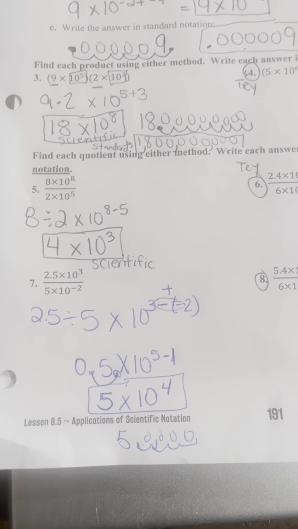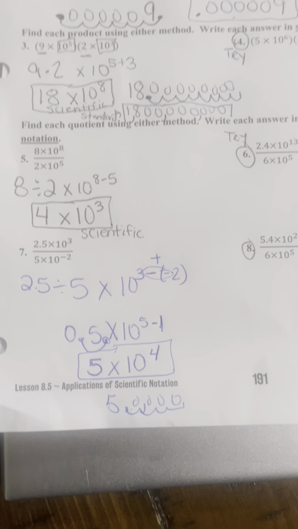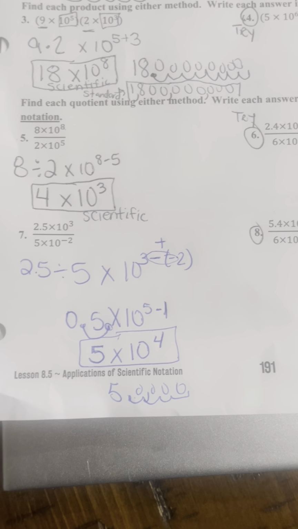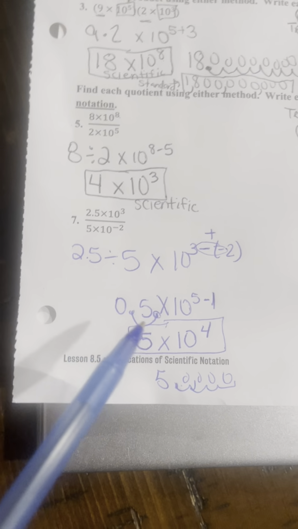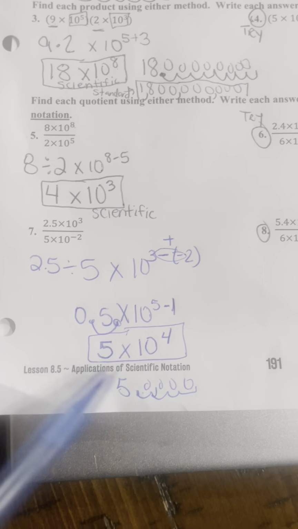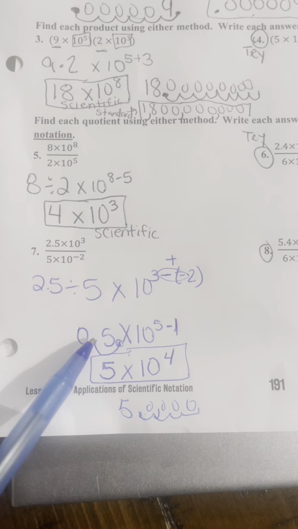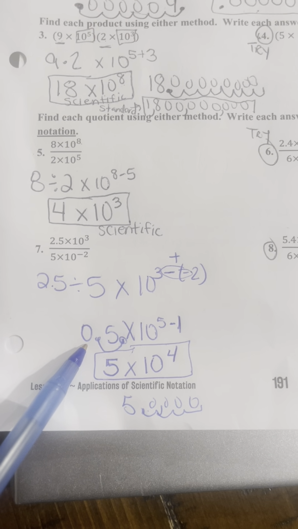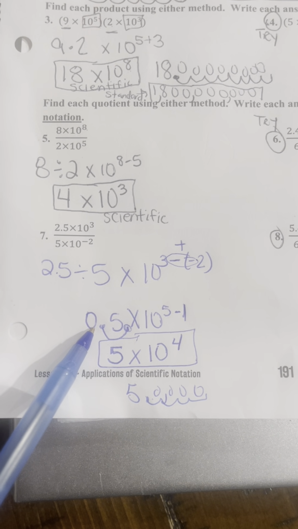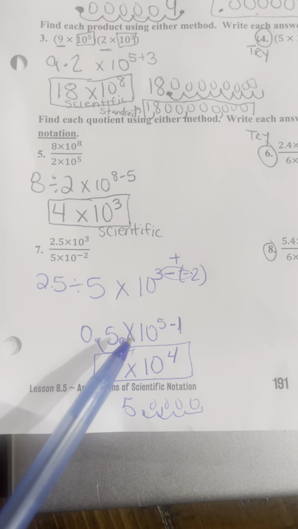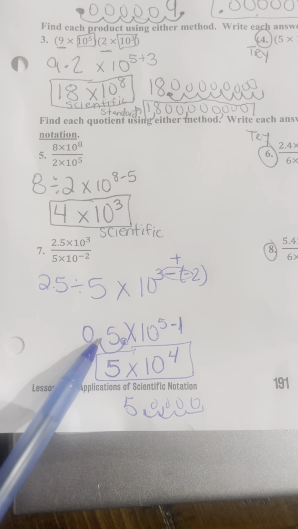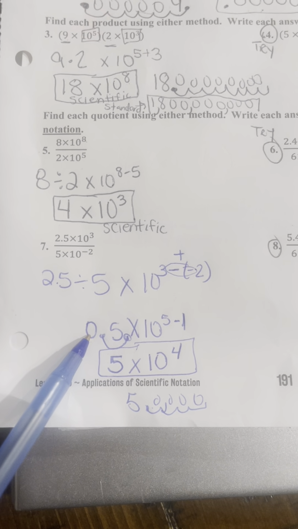So I just want to repeat what I said for clarification to make sure you understood why I subtracted 1. When you have to move after you solve everything and you don't have one number in front of the decimal that's between 1 and 9, you have to move it so you can. So remember, initially we only had 0 in front of the decimal.